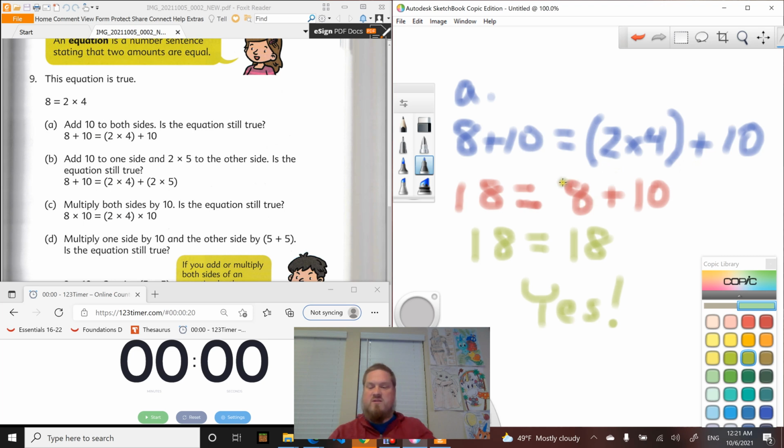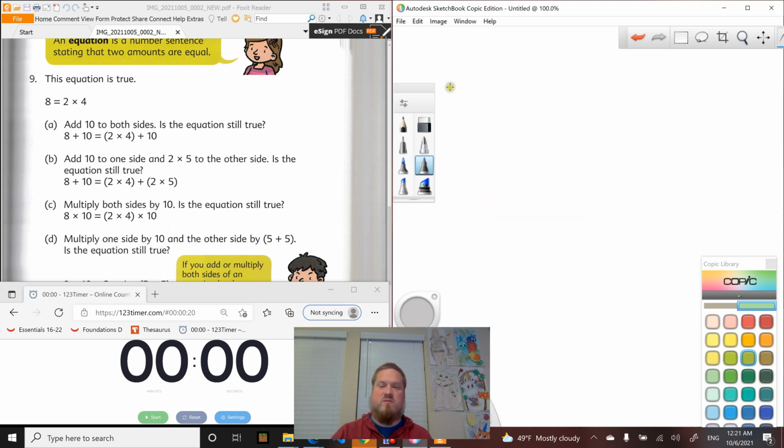All right, let's clear this one and do problem B. It says add 10 to one side and the expression 2 times 5 to the other side. Is the equation still true? 8 plus 10 equals, that's what we're trying to find out.